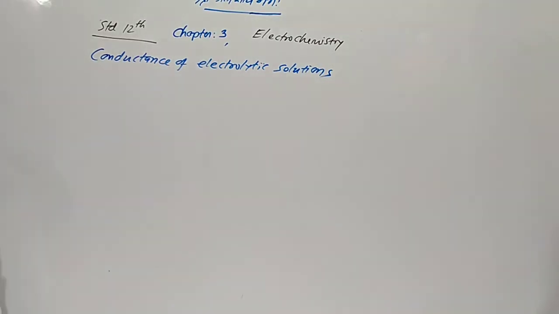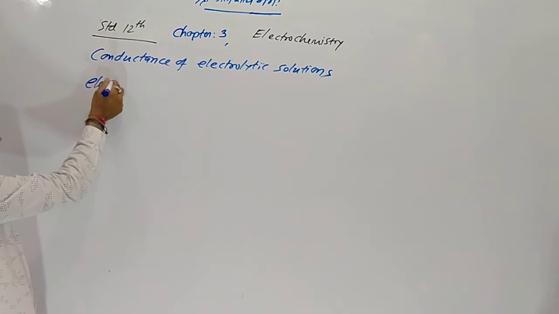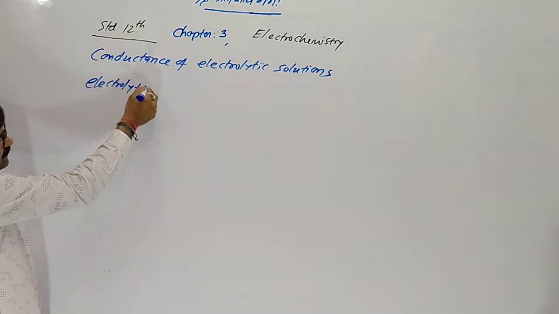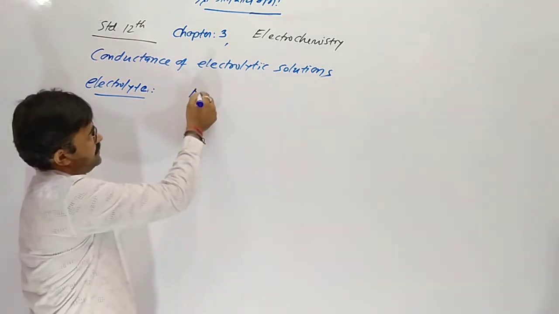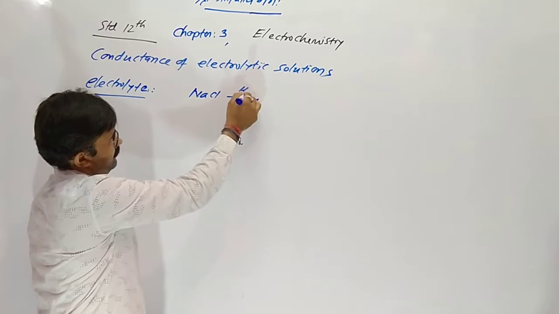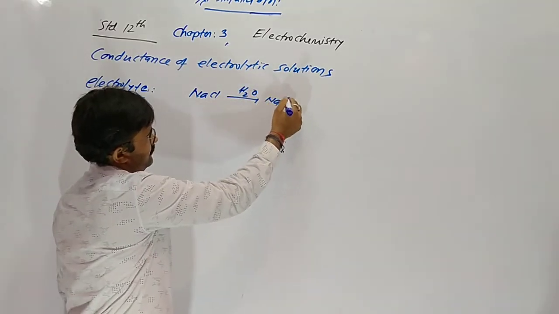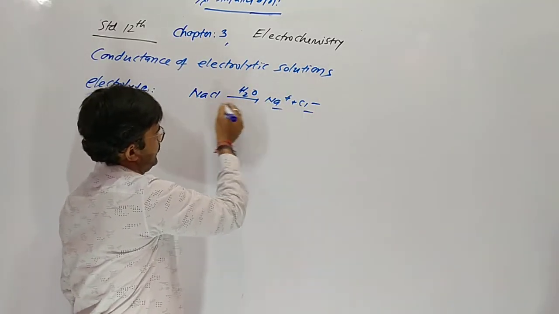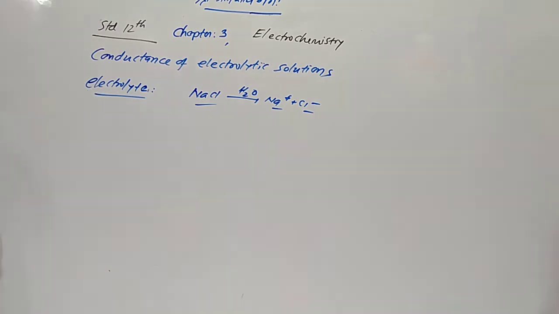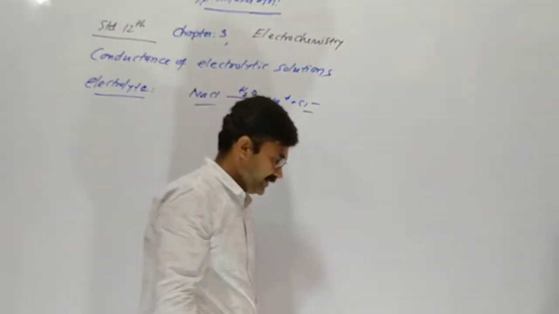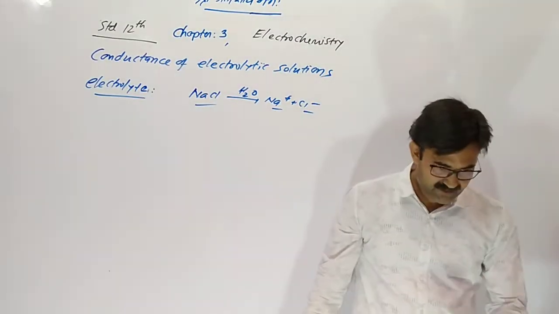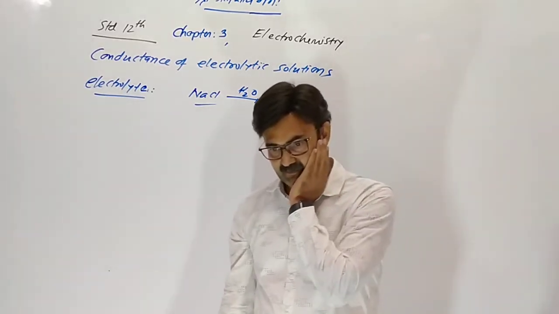What is an electrolyte? First of all, an electrolyte is a substance which gives ions in water, which is called an electrolyte. Understood? An electrolyte is a substance which, when we dissolve it into water, gives ions.